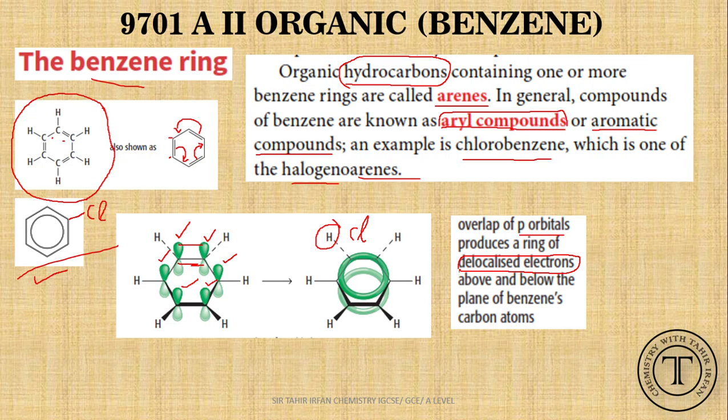We only use the word delocalized electrons above and below the plane of the benzene carbon atoms to understand the position of the double bond here. These delocalized electrons cannot move from one place to another. So it is not possible that electricity is going to be conducted. So we just use the word delocalized electron to understand the relative position of the single and double bonds.